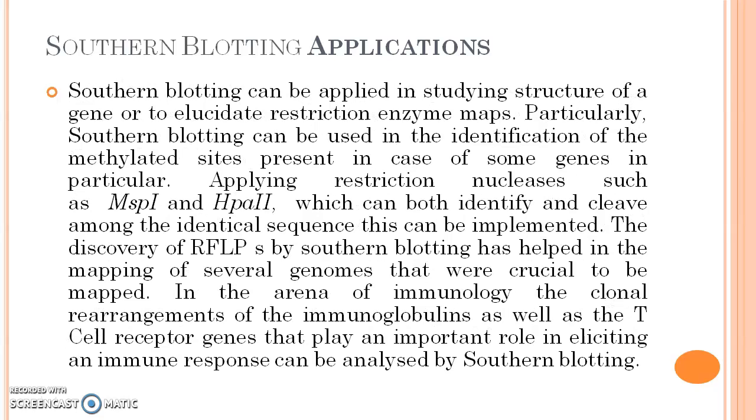Southern blotting can be applied in studying the structure of a gene or to elucidate restriction enzyme maps. Particularly, Southern blotting can be used in the identification of methylated sites present in some genes.